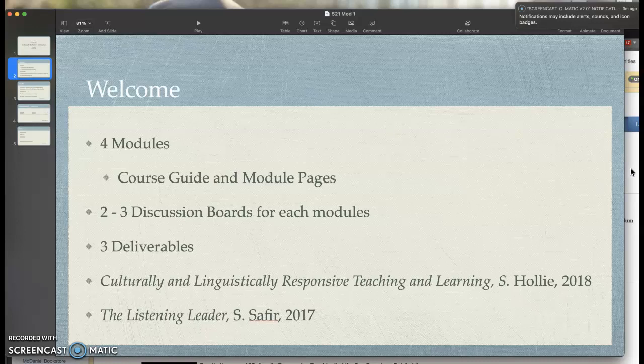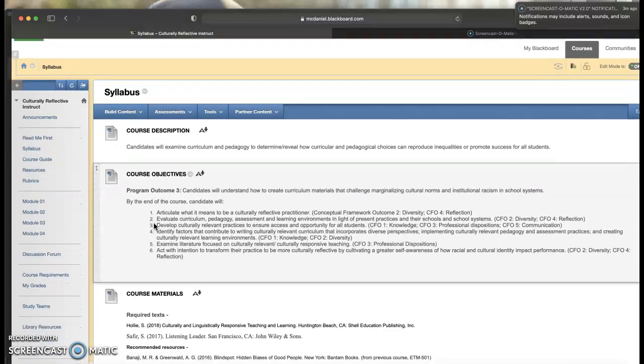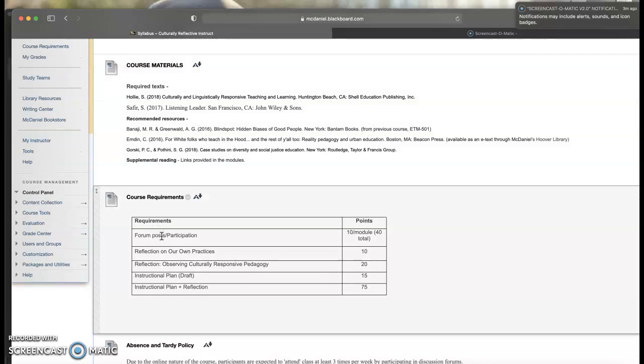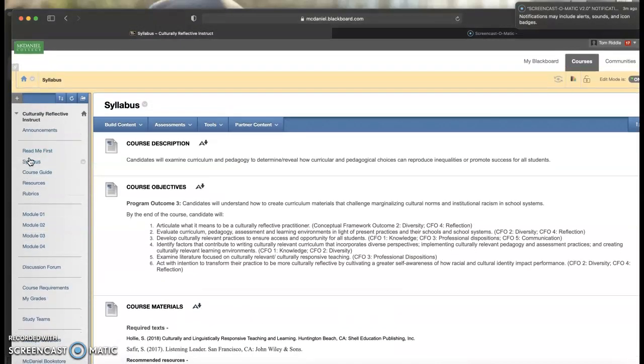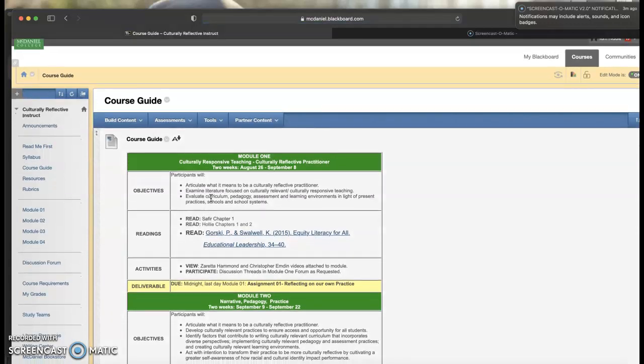So let's take a quick look at the way the course is set up before we talk about Module 1. Again, make sure that you take some time to check out the syllabus that talks about the course outcomes, the required texts, and then the grading. The course guide is also a pretty handy part. The course guide is broken down by the modules and tells you what the reading is and what the assignments are.